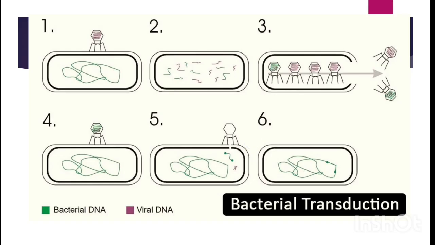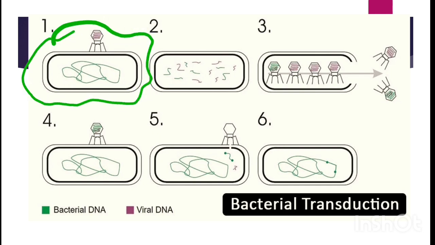Now the diagrammatic representation of the whole process. At first, the bacteriophage attaches to the bacterial cell surface. Then it injects its DNA inside the bacteria, and the whole bacterial DNA is cut into pieces. Then new bacteriophages are formed, some with viral DNA, some with bacterial DNA.